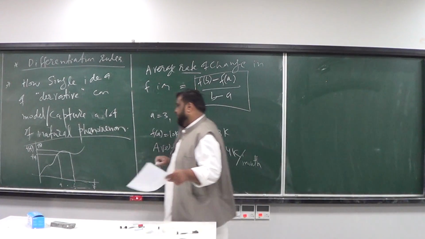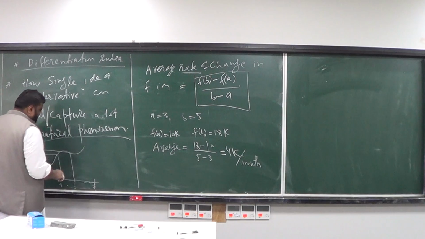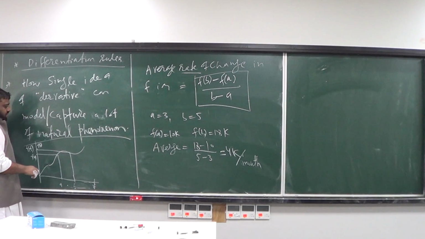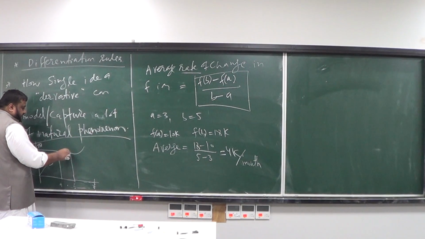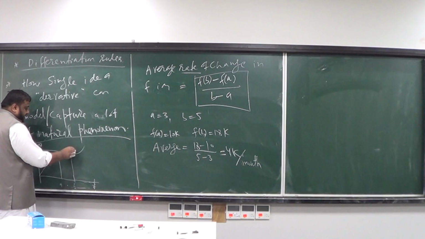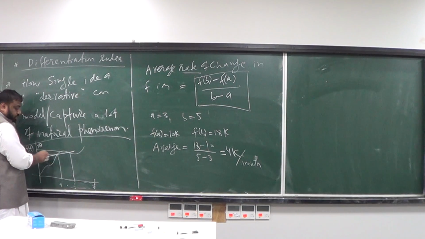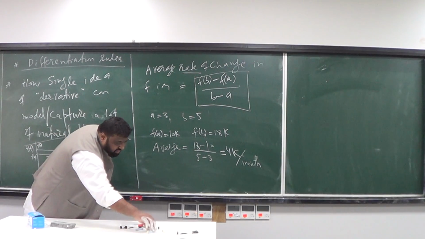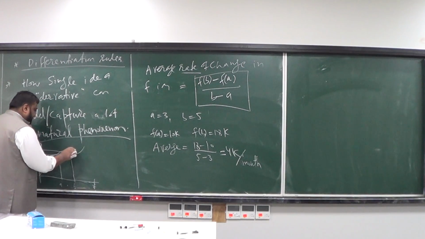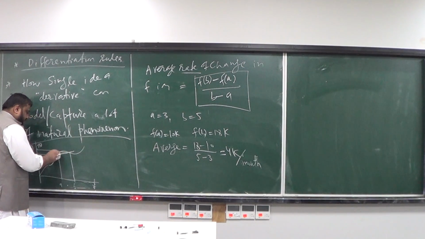Same curve. So what does the average represent? It represents a secant line that passes through both points. I must use some other color chalk. That's a secant line that passes through these points.